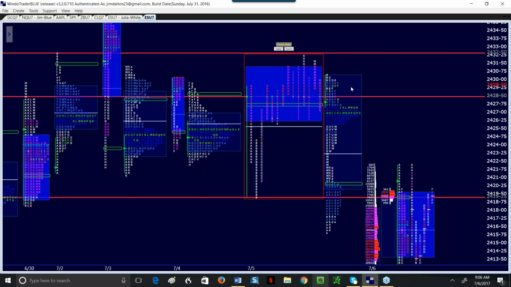The reasoning I gave was that the market really was stalling. It had very little lift. And as you can see, it just widens out. And this was sometime in the afternoon when this trade was done. I don't remember exactly when. But the market did provide a couple of opportunities to trade against it.